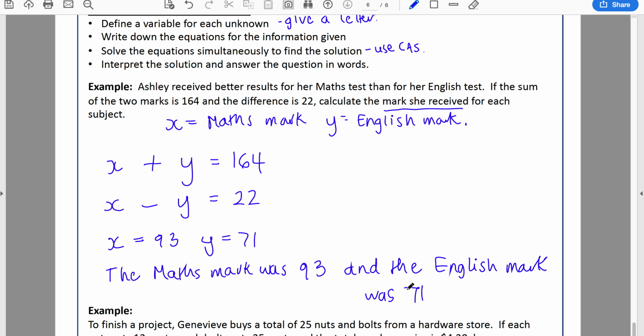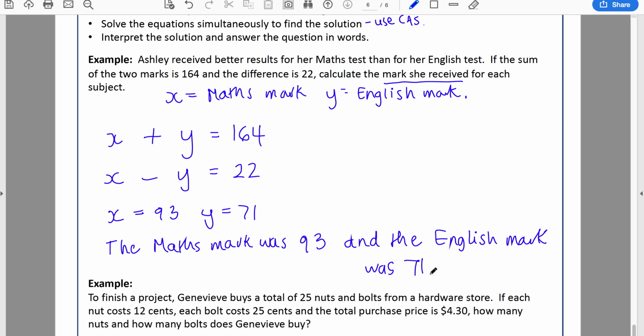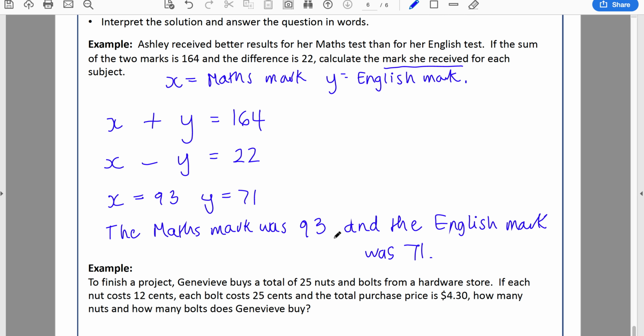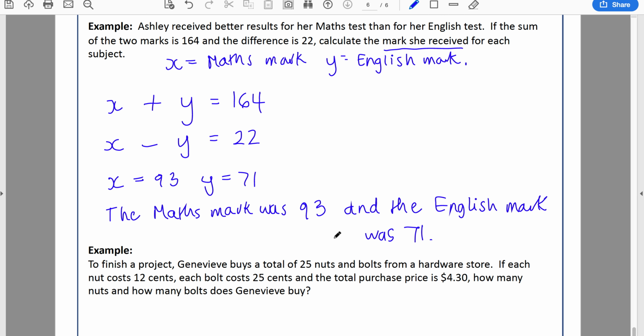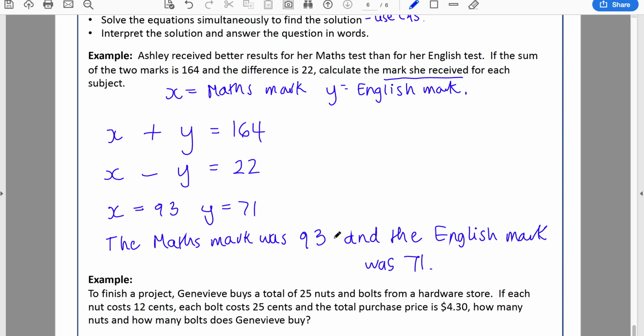It doesn't say whether it is a percentage grade, so I'm just going to leave it as is. If it said percentages, then I'd put the little percentage symbol with these. It could be percentages, of course, but it may not be. Okay, so that's one example.